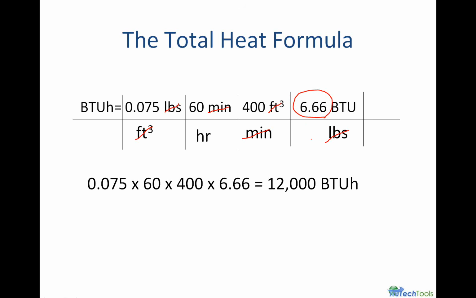So when you're looking at your enthalpy numbers, if your target enthalpy is 6.66 or close to it, like 6.1, 6.2, 6.7, you're right in the ballpark where it should be. Your airflow is going to be a little higher or a little lower than nominal. If your enthalpy is much higher or much lower than that, you've got airflow issues you've got to take a close look at.